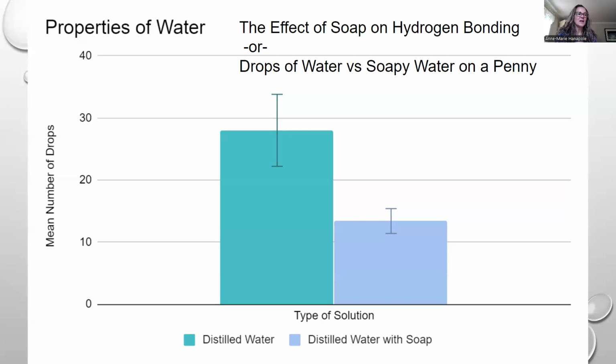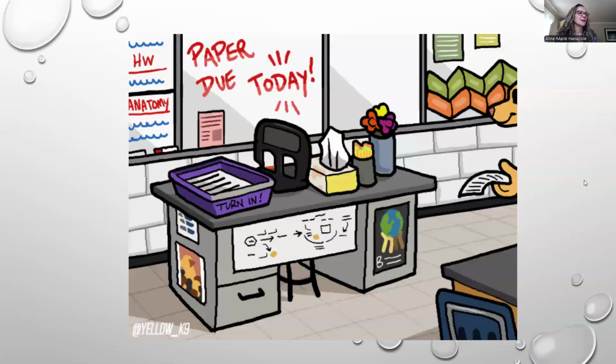And because we are seeing more drops of water on a penny with the distilled water, we can say that there is stronger hydrogen bonding, and we're seeing more cohesion and adhesion with the drops of water on a penny. But the soap seems to be disrupting those hydrogen bonds, and we're no longer able to hold as many drops of water on that penny.